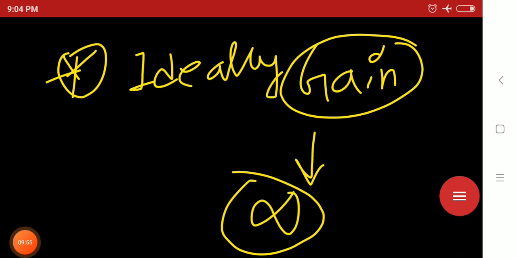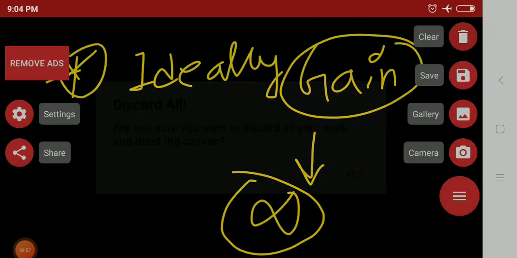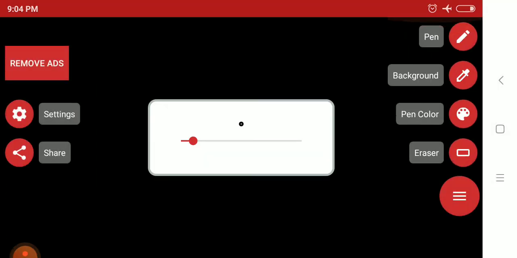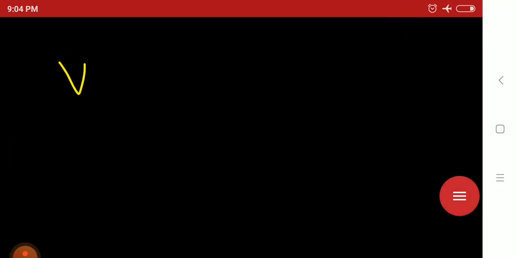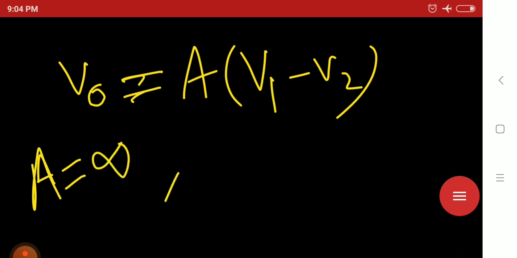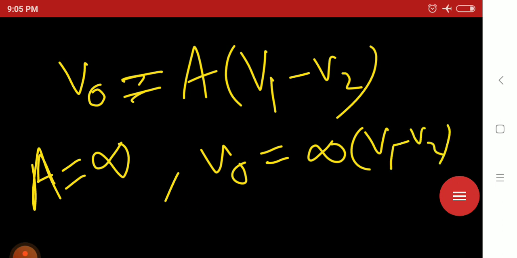That means V0 equals A times V input, where V input means V difference, V1 minus V2. A is infinity, so V0 equals infinity times V1 minus V2.